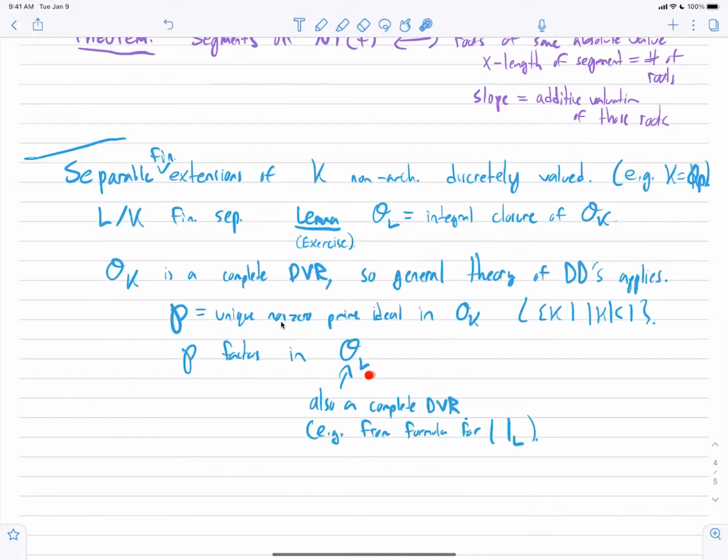So this is also a complete DVR. And so there's again a unique prime ideal, which is all the things of absolute value less than 1, and P factors as Q to the E. So Q is the unique non-zero prime ideal in O_L.